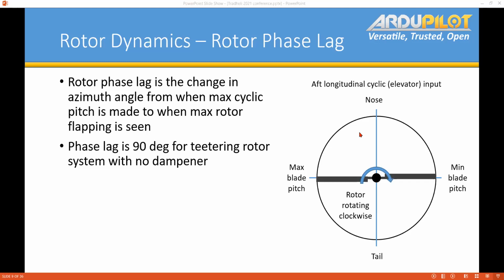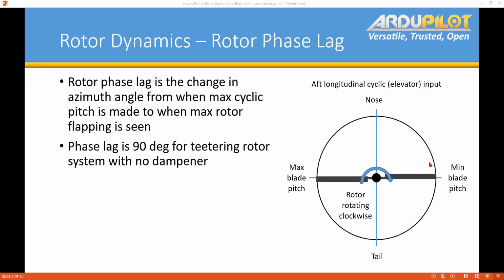So let's talk a little bit about rotor phase lag, because that has a big impact on the dynamics. Essentially, rotor phase lag says that, with the rotor spinning, if you make a cyclic input, let's say an aft longitudinal cyclic input, so an elevator input, to pitch the aircraft up, you'll have your max blade pitch over on the left side of the aircraft, because you're spinning around in this direction and you want the response of the blade to flap up.